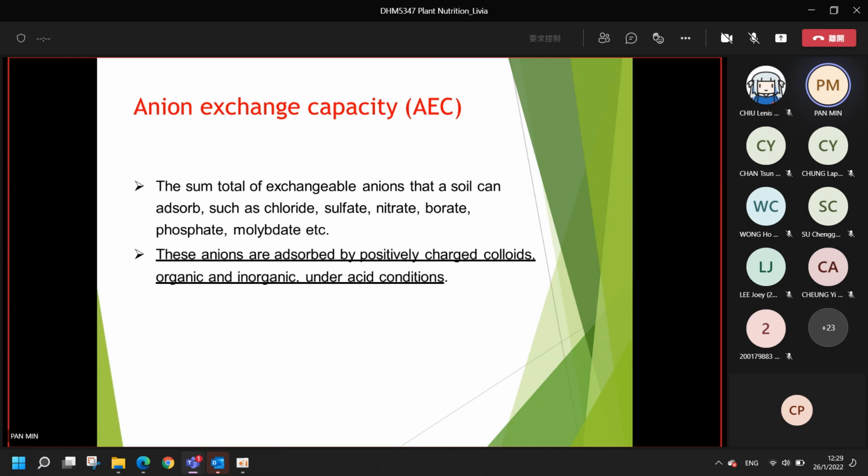These anions are adsorbed by positively charged colloids, organic and inorganic, under acid conditions.